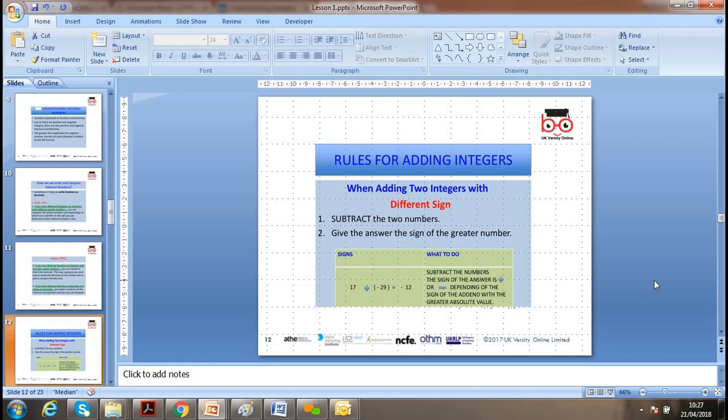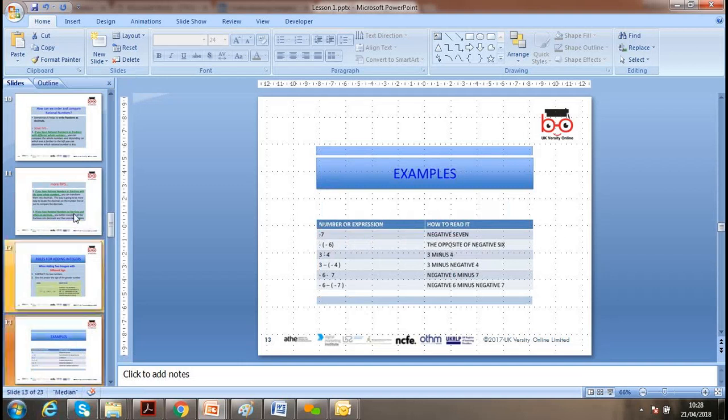So in this case, because the negative number is the higher in this case, when subtracting the numbers, the sign of the answer is positive or negative depending on the sign of the number with the greater value. The greater value is 29, so the sign will be negative. Daniel, any question?